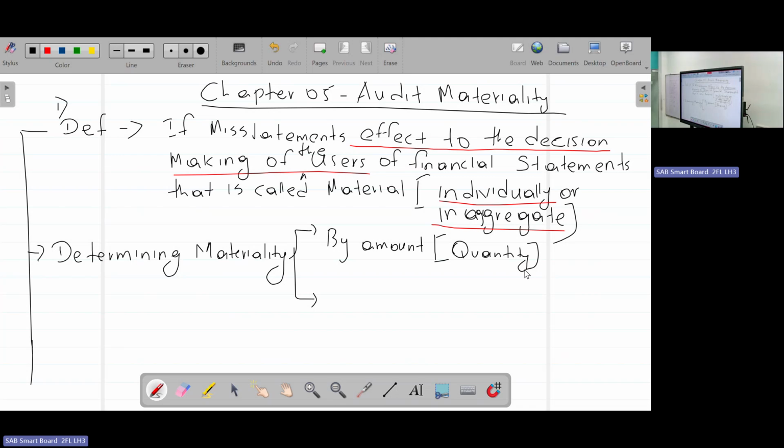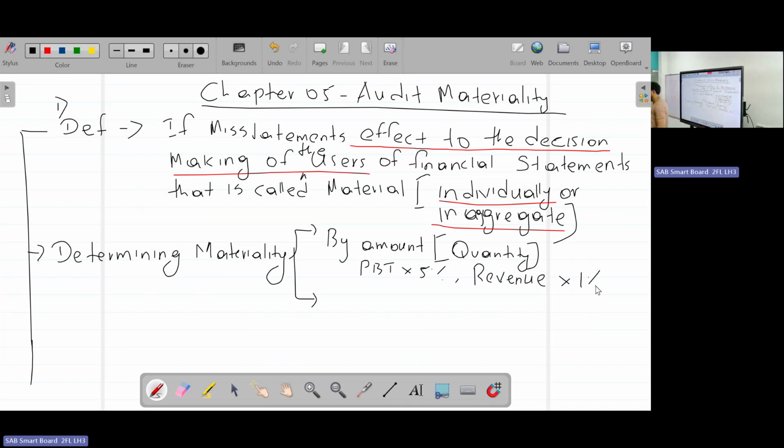For that, we have some basis. That basis we will discuss in our fourth topic. We have discussed it already, but again we discuss it as a fourth topic. So, for example, profit before tax into 5%, or revenue into 1%.